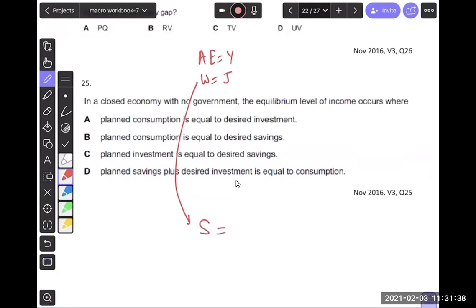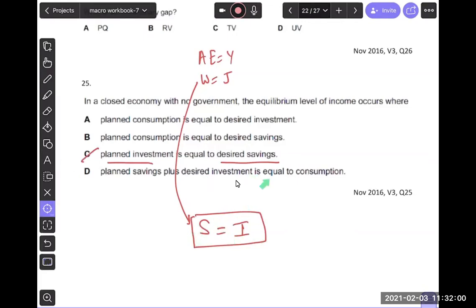Saving. Good job. And injection is investment. Good job. There are only two. So which is your right answer then? C. Planned investment is equal to desired saving. Saving is equal to investment is the right answer.